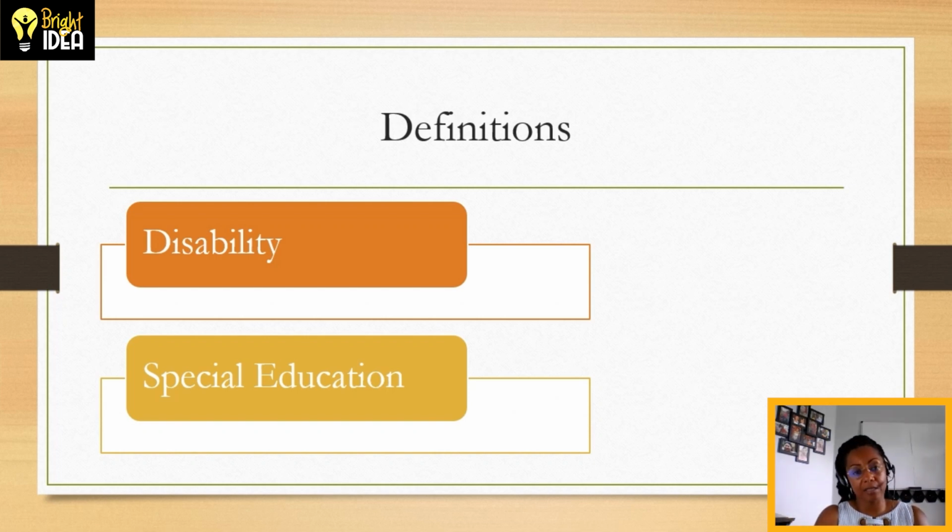When we talk about disability, we're specifically talking about any condition of the mind or of the body that makes it difficult for a person to do the same activities or interact with the world around them as any other person would. So if your child or someone you know has a condition where their mind or body makes it difficult for them to do certain activities or interact with their environment, then that's what we would consider a disability.